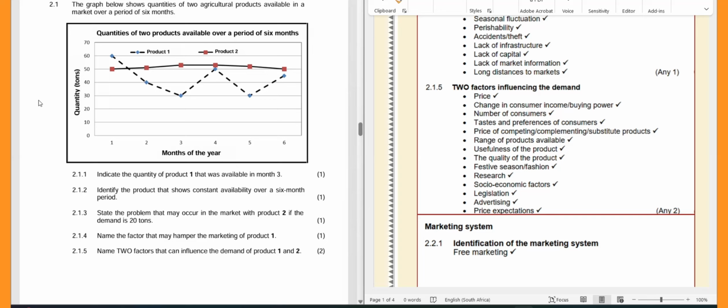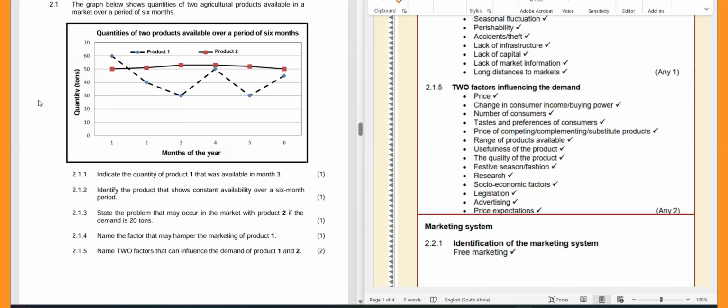Change in consumer preference, or you can say tastes and preferences of consumers.